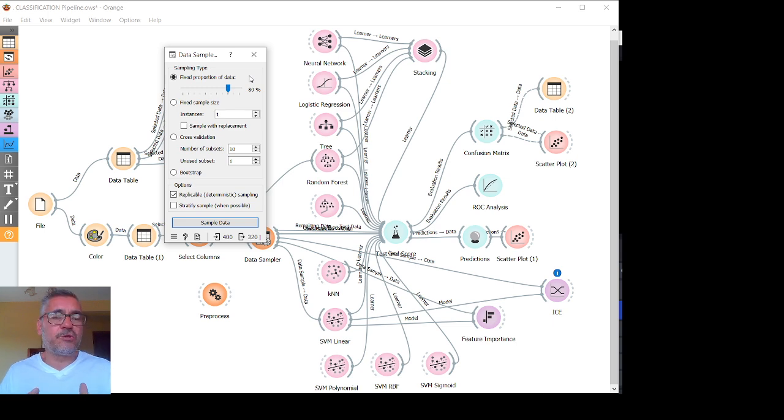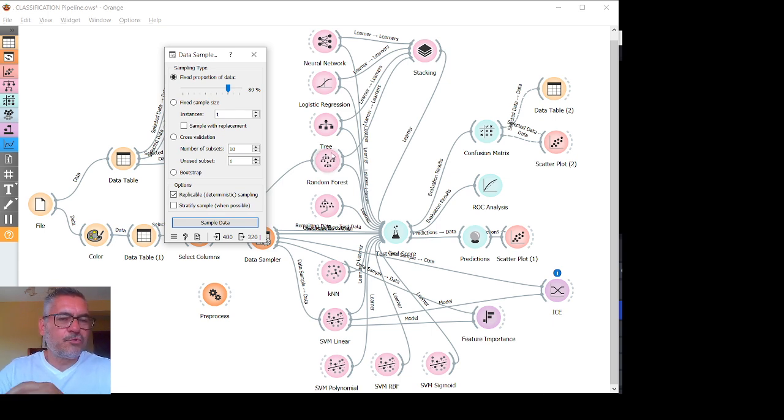They are not going to be used or seen by the algorithms. They are kept as the validation subset, so we can see how well our best model performs on new and unknown data.